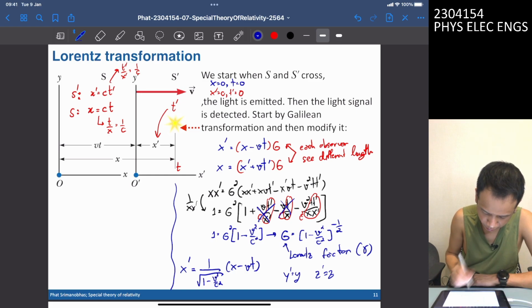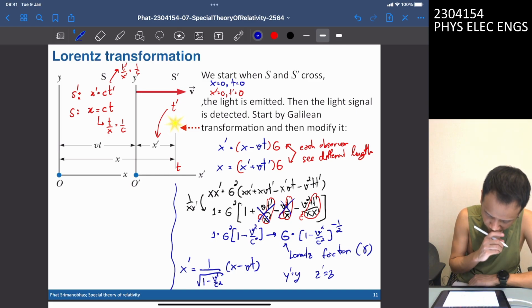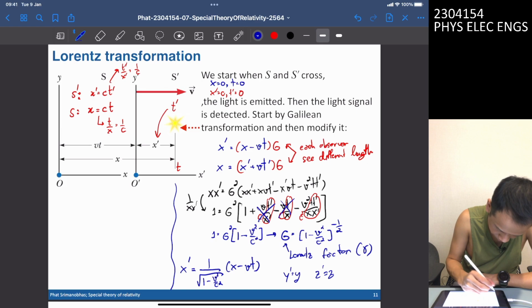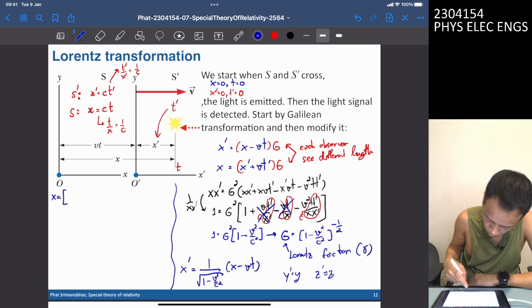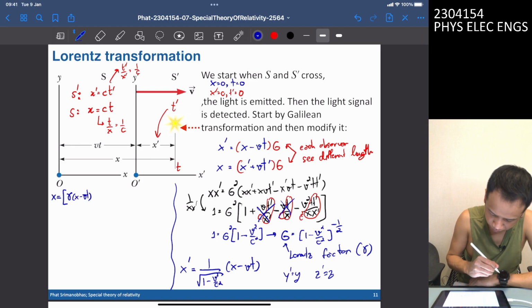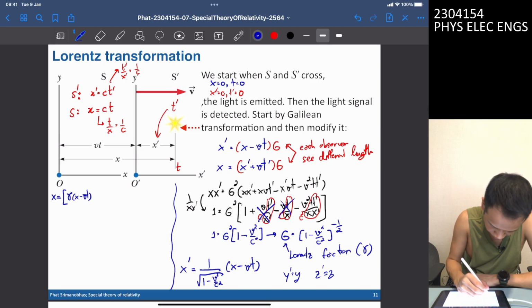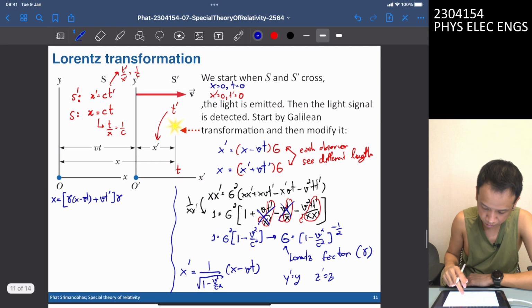Starting from the other equation, x equals x prime plus vt prime, multiplied by the Lorentz factor. So x equals x prime, where x prime is gamma times (x minus vt), plus vt prime gamma.